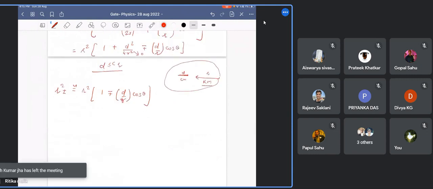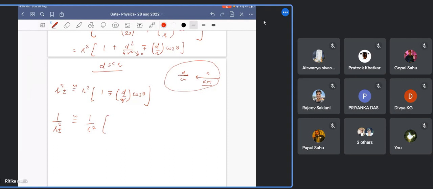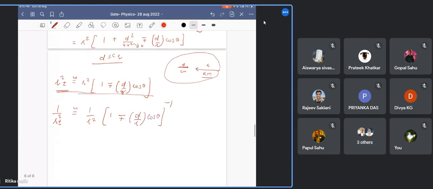So when we want to know 1 by r plus minus square, we are left with 1 by r square, taking 1 by this equation, so we are left with 1 minus plus d by r cos theta to the power minus 1.